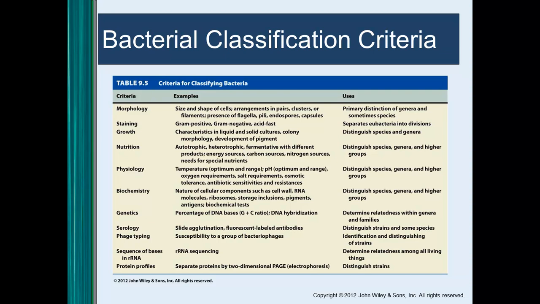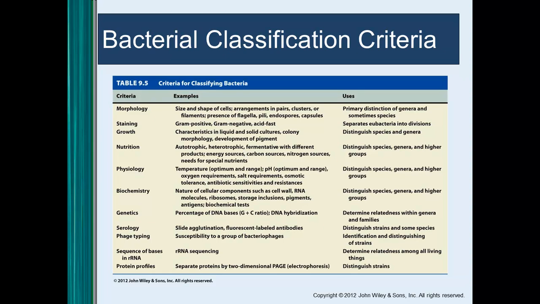So separating them according to cell shape, size, and arrangement does not produce a very useful classification system, nor does the presence of specific structures like flagella, endospores, or capsules. These do not allow for identification of a particular species either. So we must use other criteria as well.